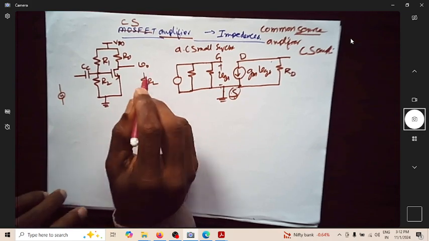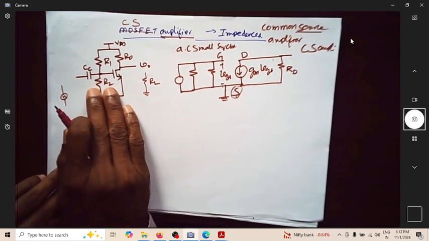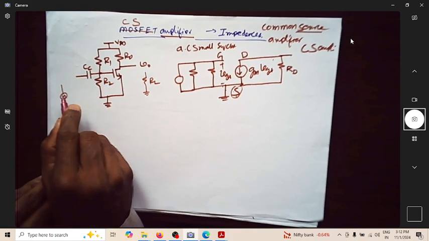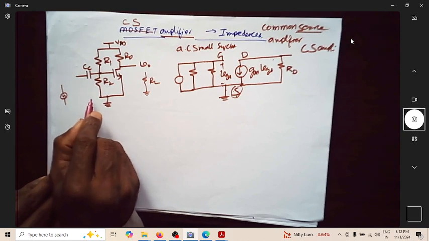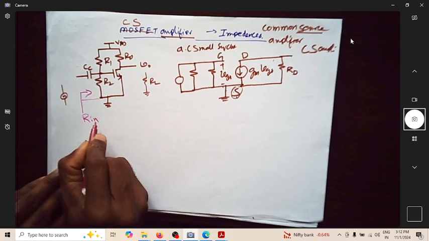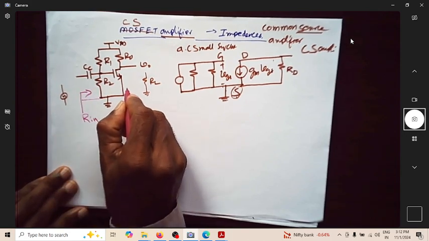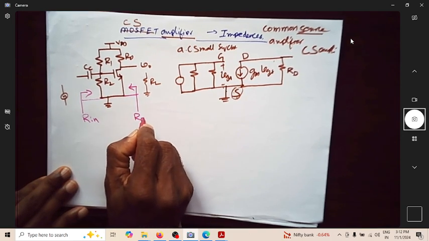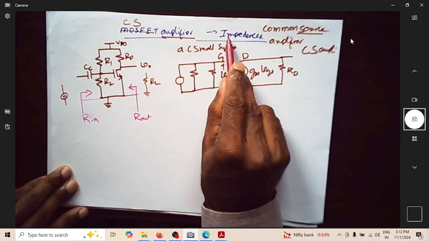What we are supposed to analyze is what is the resistance offered by this circuit for this input signal. So I want to know the input impedance of this amplifier, and if you look from the output side, what is the output impedance.